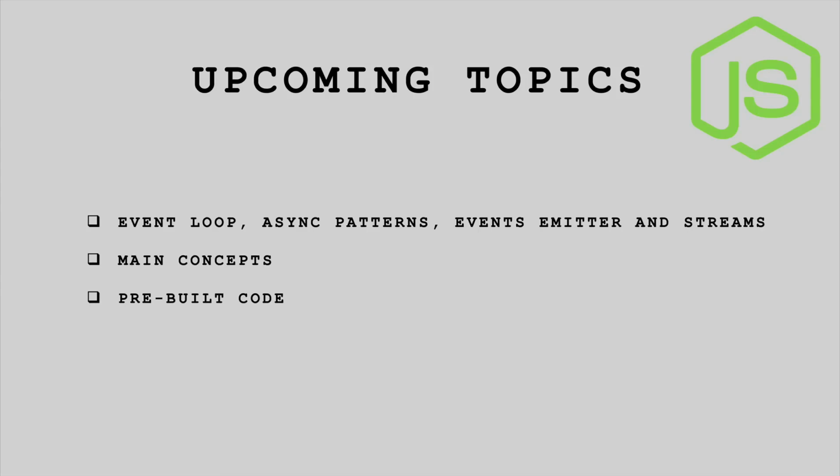And those topics are the following: event loop, async patterns in Node.js, events emitter, and streams in Node.js. While these topics are extremely important, please keep in mind that our goal is to only understand the general ideas behind these concepts. And I only introduce them so you have an overall understanding of how things work in Node.js before we build our first Node.js app.